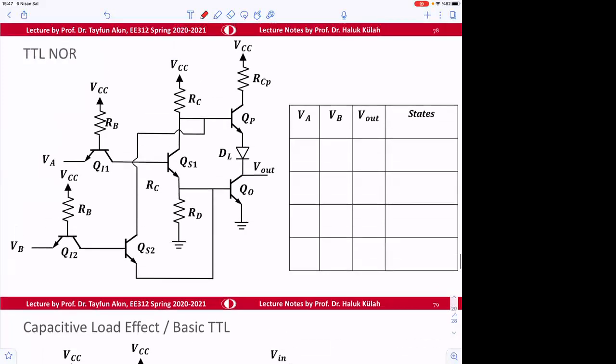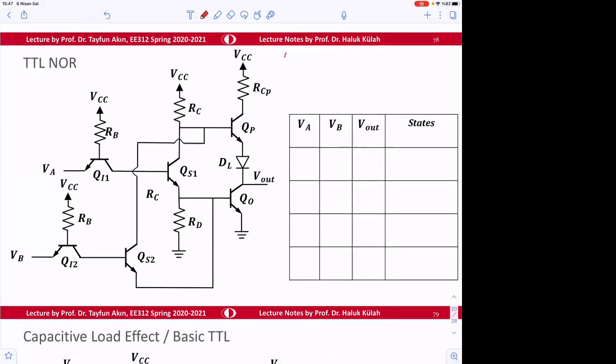If you remember the NOR gate, with A and B as the inputs: 0 0, 0 1, 1 0, 1 1, logic wise, or low high, you know that. For the OR, it's going to be 0 1 1 1. This is OR. And if you think about the NOR, it's going to be 1 0 0 0.